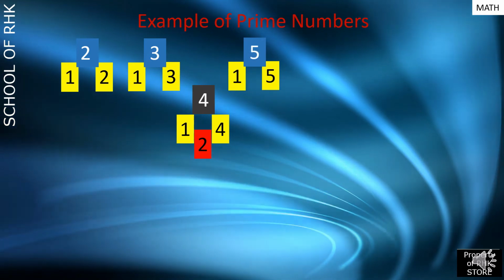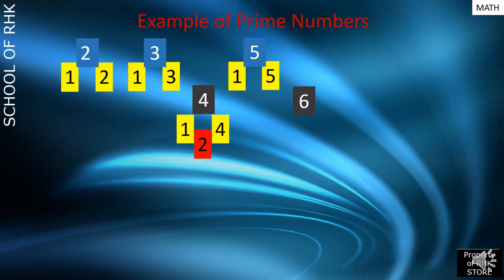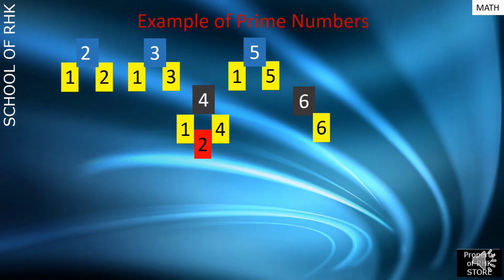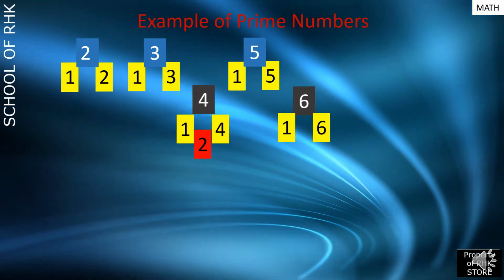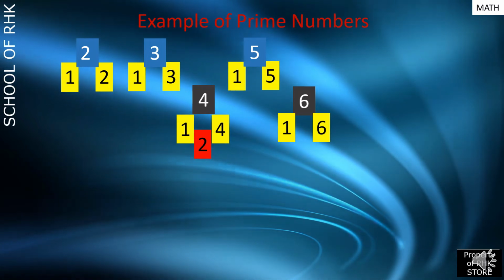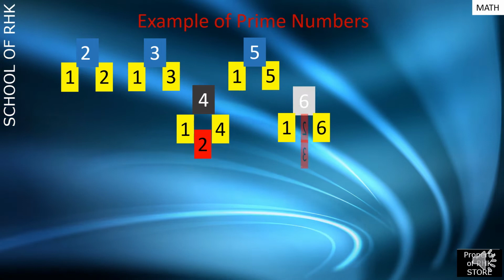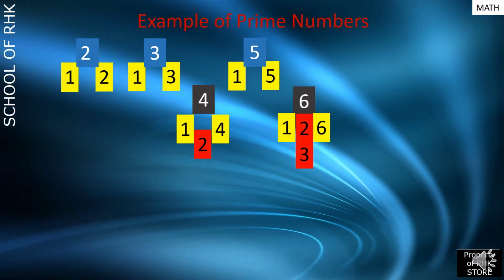The next number is 6. This is a positive integer. But dividing 6 by itself, that is 6 and 1. Apart from these two integers, 6 can be divided by 2 and 3. It will not end up with any remainder.